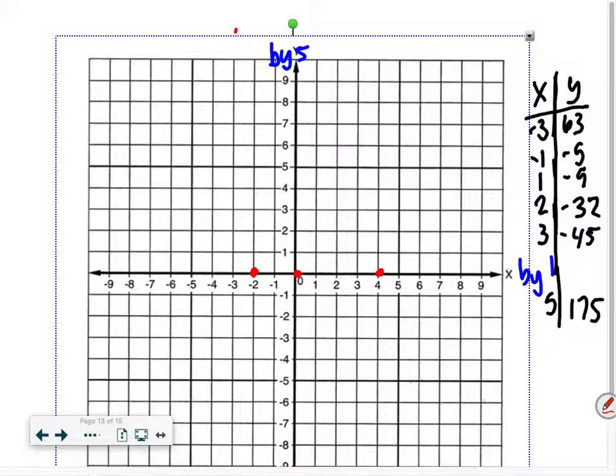At negative 1, we get negative 5, so down 1, since we're going by 5s. 1 is negative 9, so about there. 2 is negative 32: 5, 10, 15, 20, 25, 30. There-ish. 3 is negative 45. This is a lot. And 5 again gets crazy high.